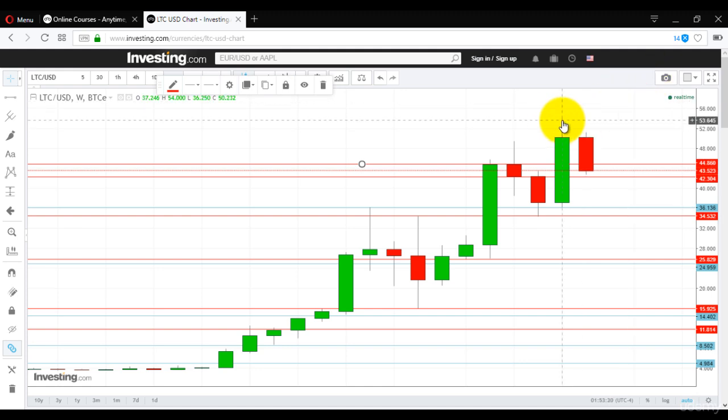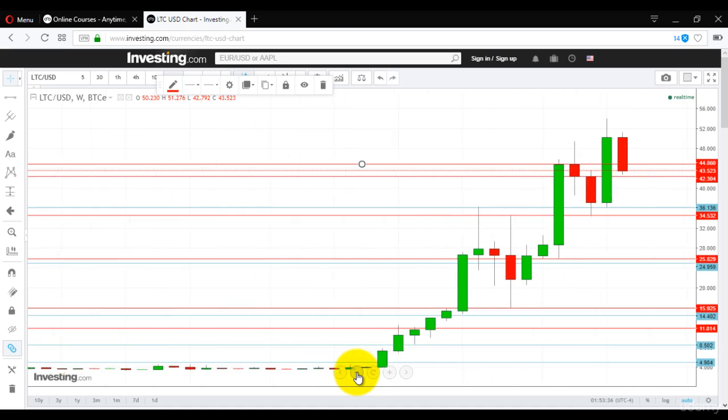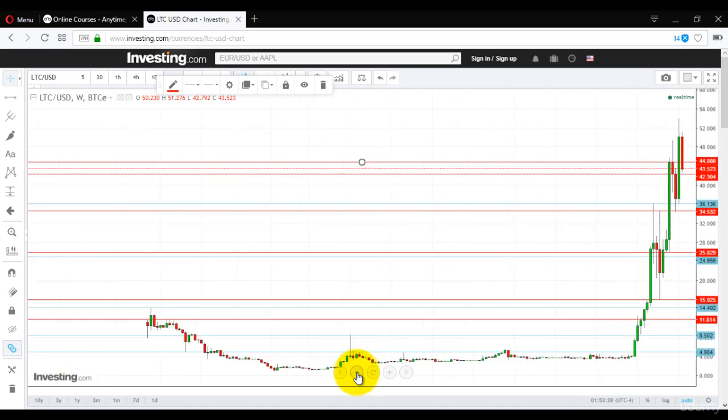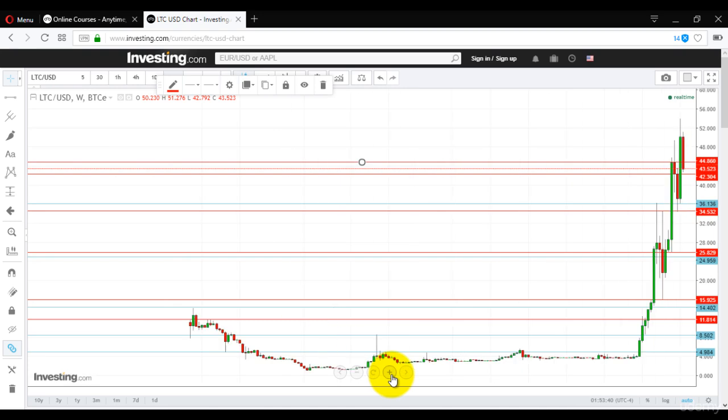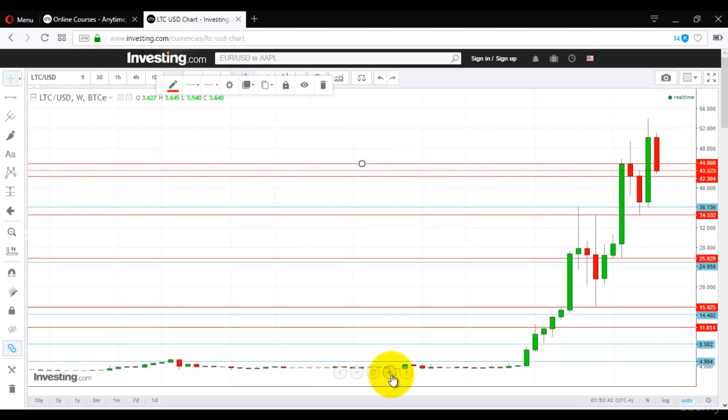Because this highest point of $54 is the highest point in the life of Litecoin. There is a saying in stock trading, or in any other trading, that the trading is in between these two lines, and you have real power.